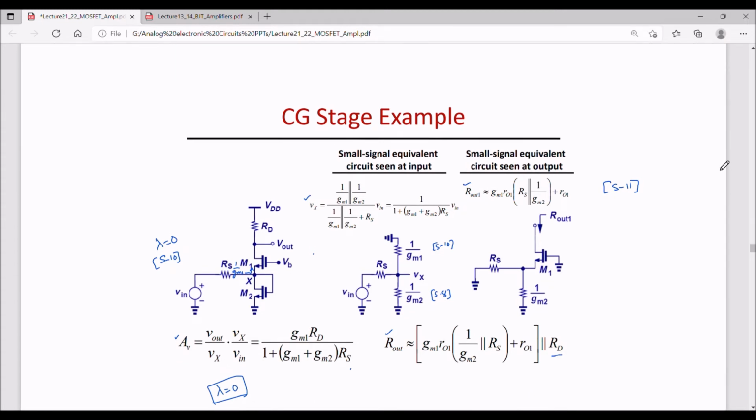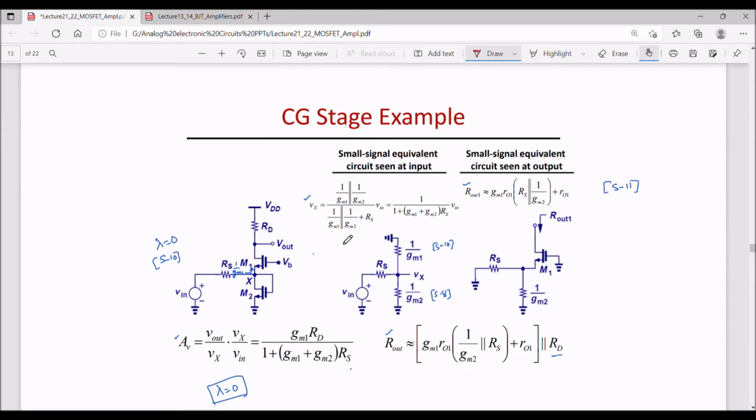Now let us consider one example of common gate stage here. In this example, on the source side, a diode connected MOSFET is used. So looking into the drain of this transistor M2, one can write the impedance.